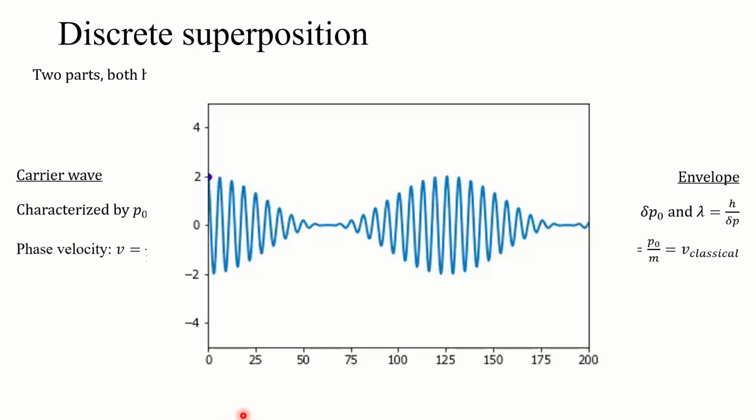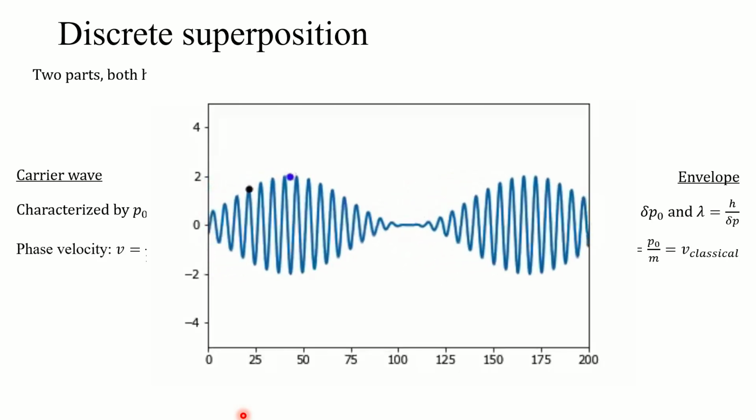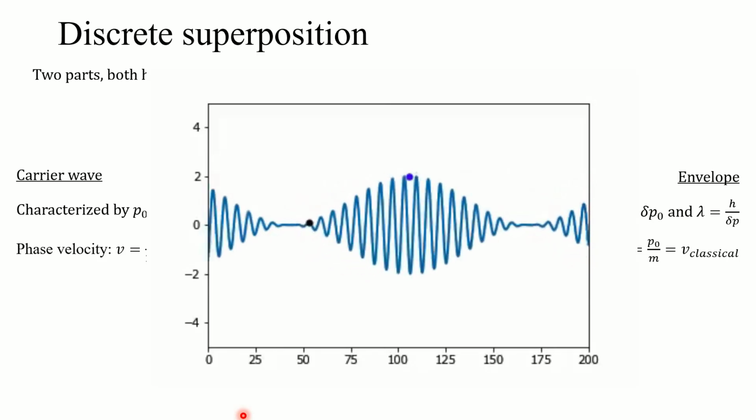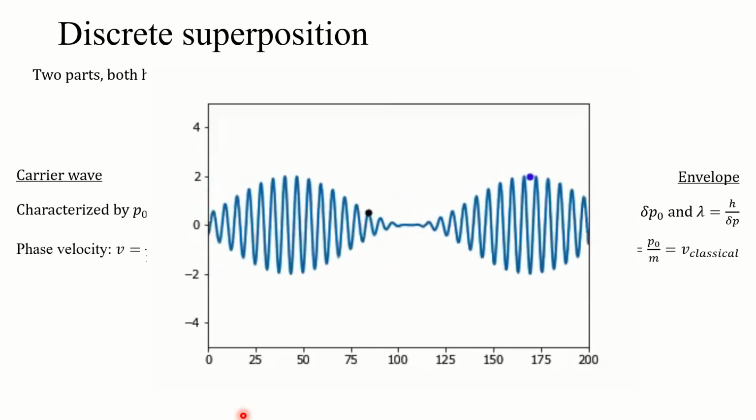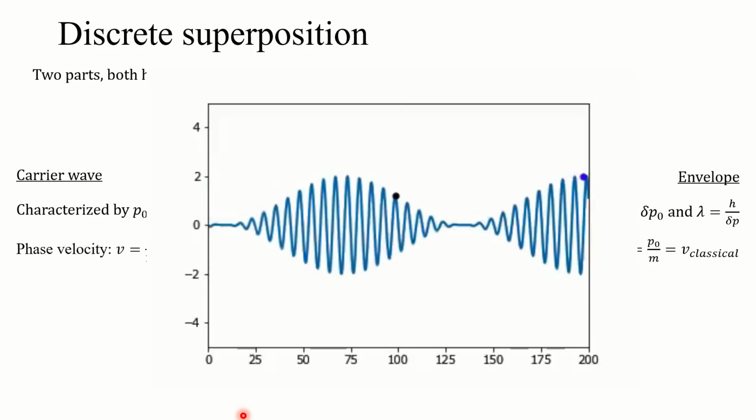And you can see that in this animation. So the blue dot is going to be the envelope's velocity, if you follow that, and the black one's going to be moving at the carrier wave velocity. And you'll see the packet, the actual localized particle, is moving at the group velocity, which is why we typically use that to describe how fast a particle is moving.